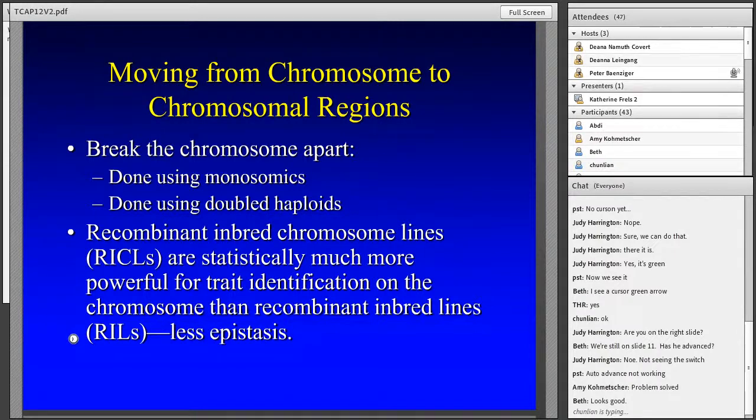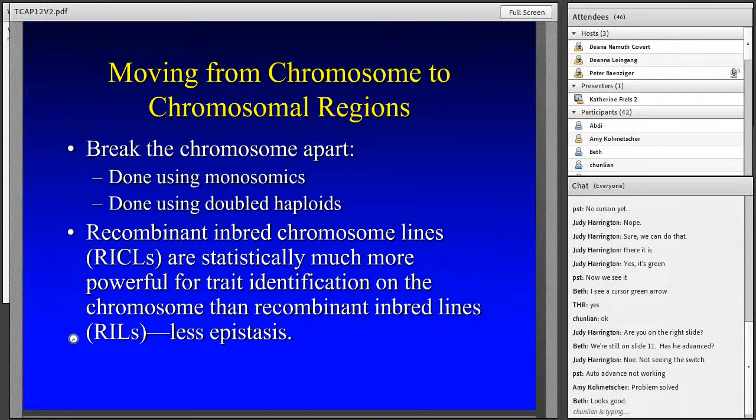So what we wanted to do is take the lead chromosome and break it apart, and we were going to do this using double monosomics, or using monosomics. I'm going to explain that later. The other method you can use is doubled haploids. At the time, the doubled haploid procedures weren't good, but the monosomic procedures in a skilled person's hands were very good.